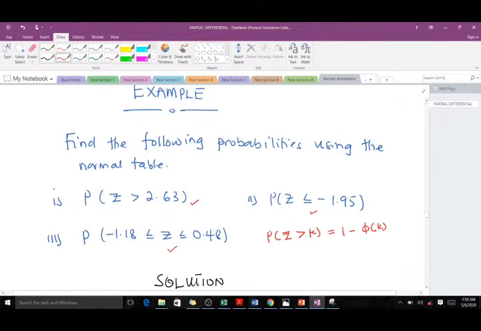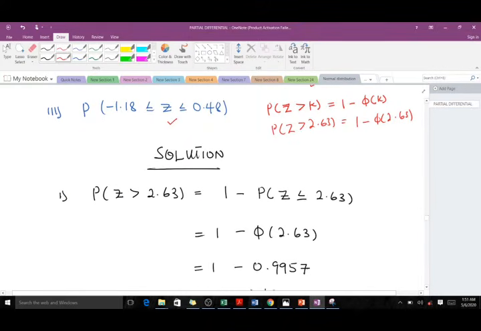So you see, as you are solving questions, those formulae are becoming relevant. So here our k is 2.63, so the probability of z being greater than 2.63 will equal 1 minus phi of 2.63, right? So that's what you can find here.